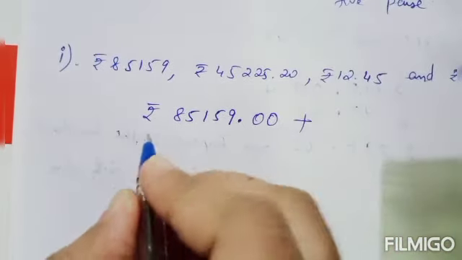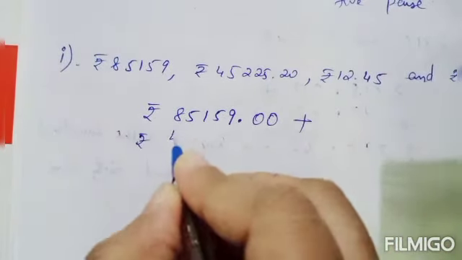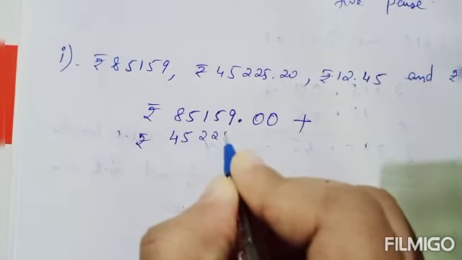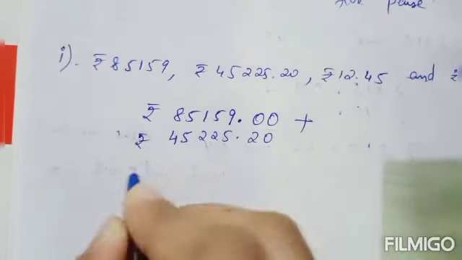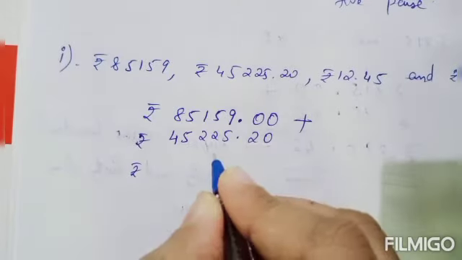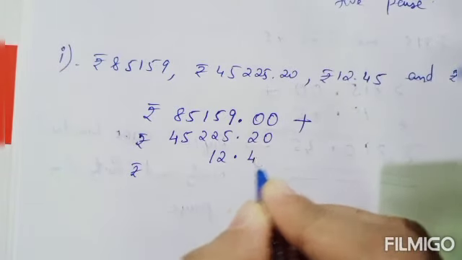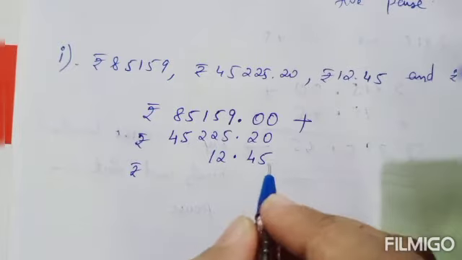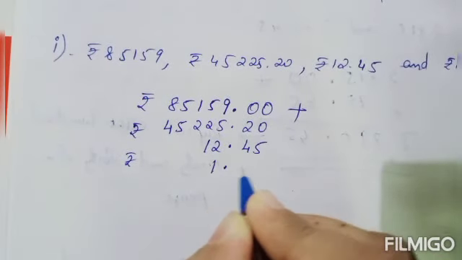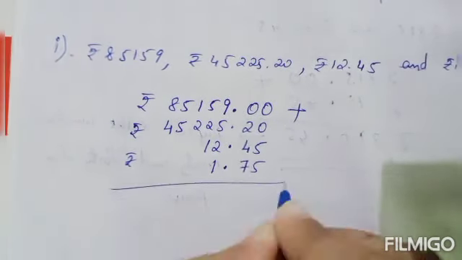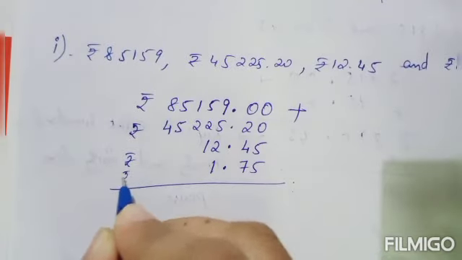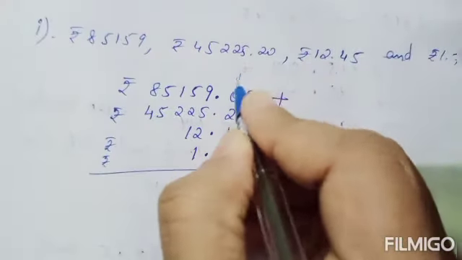Okay, plus next amount 45,225.20. Then 12.45 you have to write like this. Plus 1.75. Okay. Now adding what you will get, it is 5 plus 5, 10.